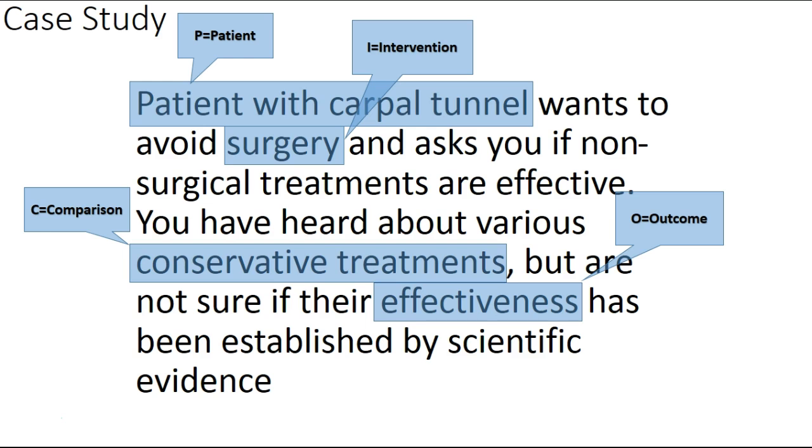Now, with that being said, there are ways to make the P, the I, the C, and the O much better and more refined so that you yield even better research articles. So for example, for my P, I could say in patients between the ages of 5 and 12, or in high school patients, or in office administrators.